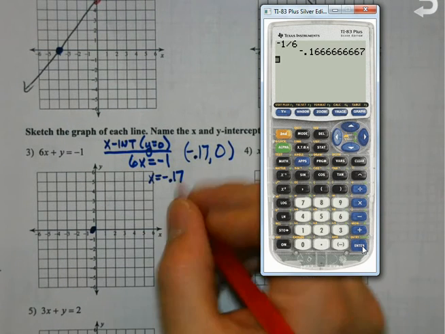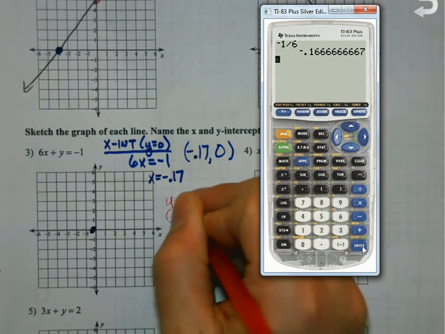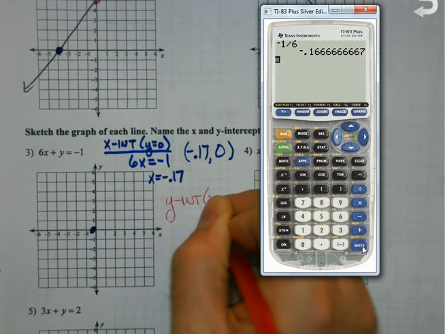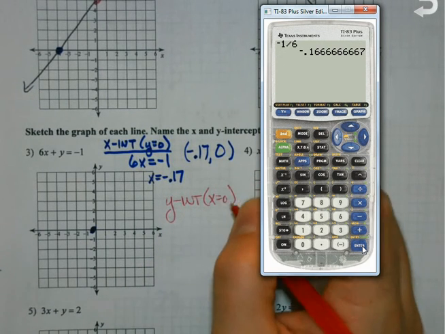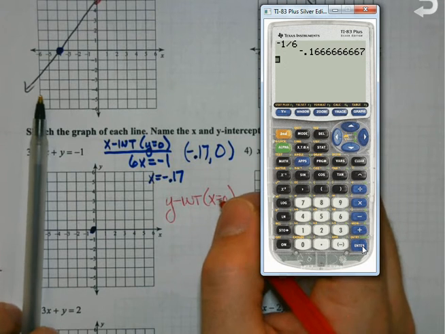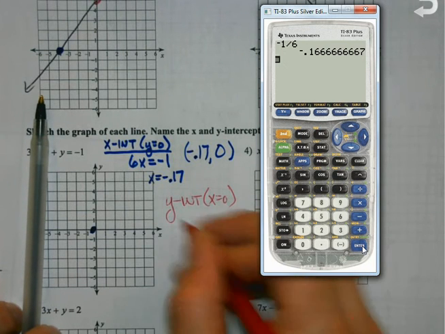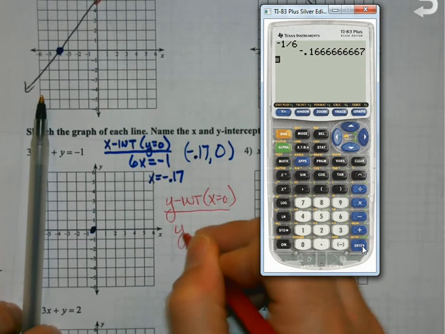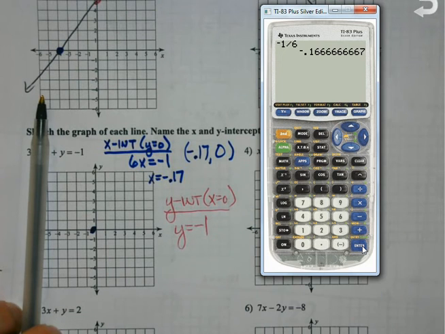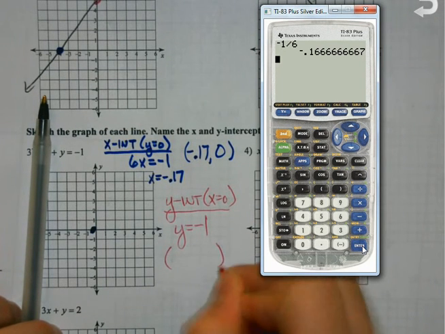And then I'm going to do the same concept to find my y-intercept, except this time I'm going to pretend the x part doesn't exist. So I'm like, y equals negative 1. Hey, that's nice. I don't even have to do anything. That's the answer. And then I put my coordinate point.